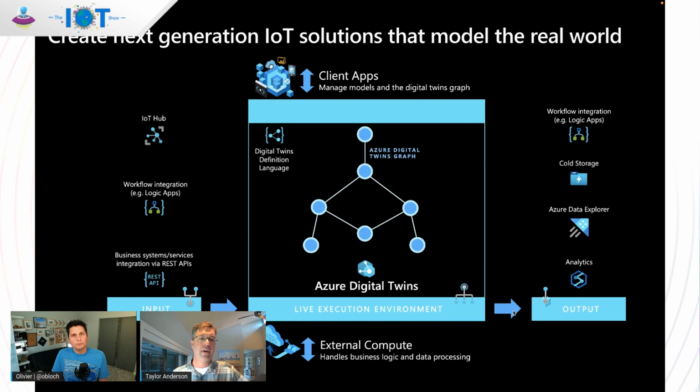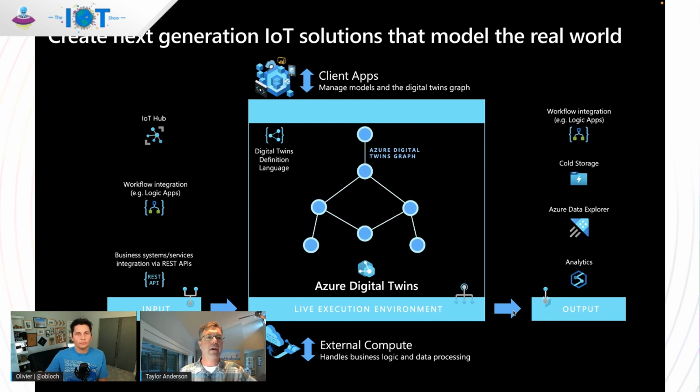And then we host that digital representation in the Azure Digital Twins live execution environment. And then we bring that digital representation to life with data from the real world. That data can come through IoT Hub or from Logic apps or through applications that call a REST API. And then client apps interact with that twin graph, typically by querying it.